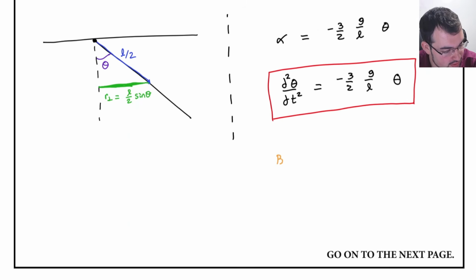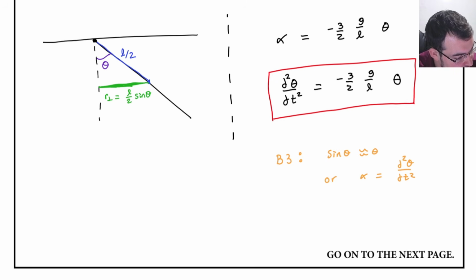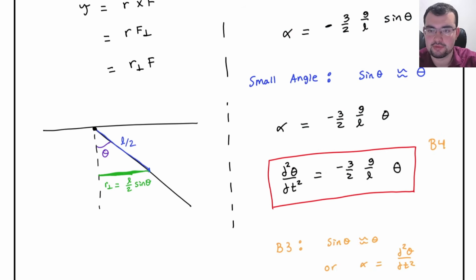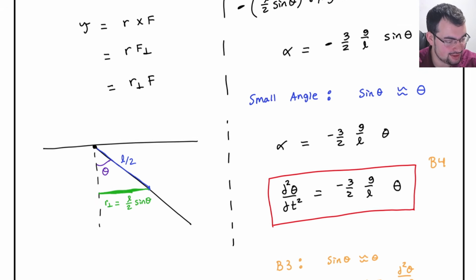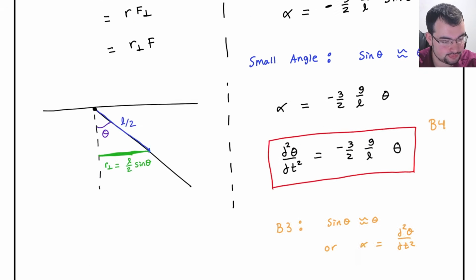So to get B3, you had to say sine theta is approximately theta, or you had to make the substitution alpha equals d squared theta dt squared anywhere. And to get B4, you just had to get the correct answer. So there's your points there. 2 of the 4 are probably easier than the others.